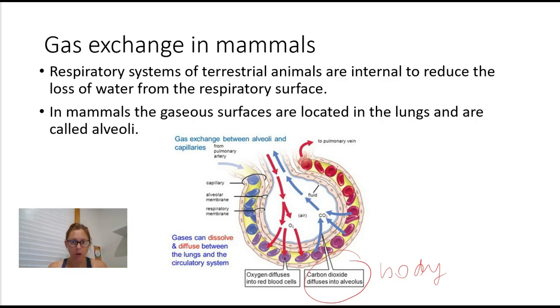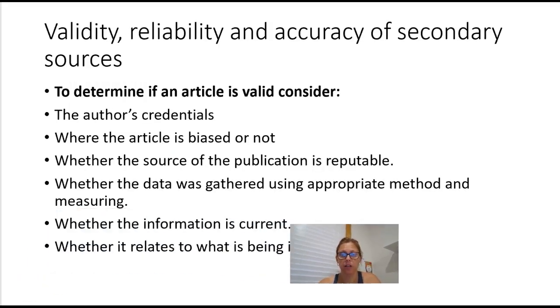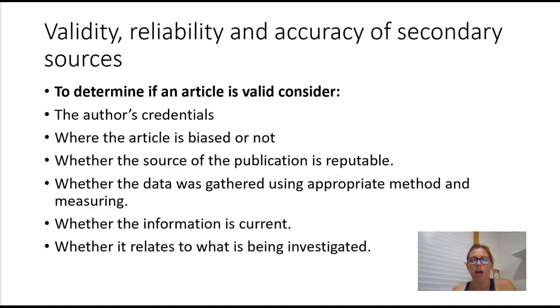So I'm going to leave you there. I think that's a little bit of information for today. In your books, there is a question that talks about validity, reliability, and accuracy of secondary sources. So I need you to consider some things when we're talking about this.